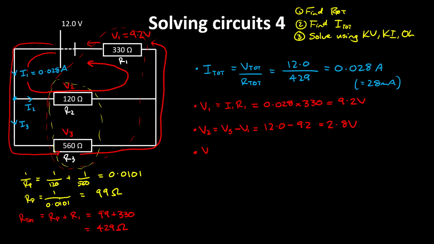Anything that is in parallel must have the same voltage. So V3 has to equal V2, which is 2.8 volts. Or you could do the same calculation again and get the same answer. So we know that these two are both 2.8 volts. All right, so we know all the voltages.